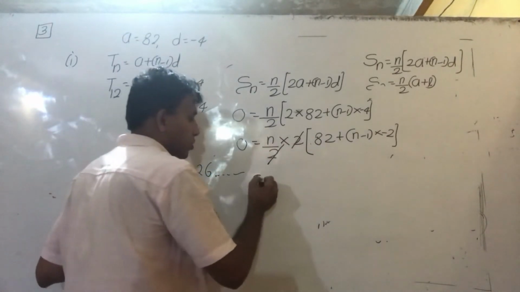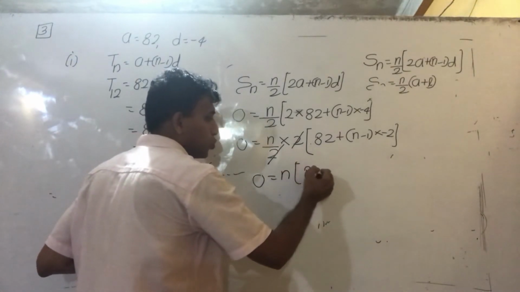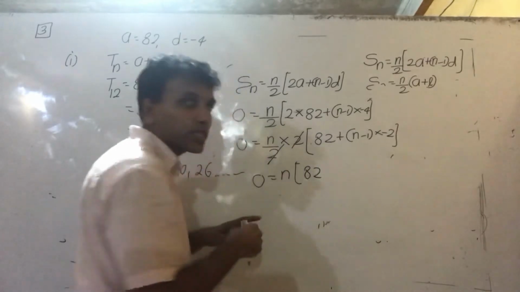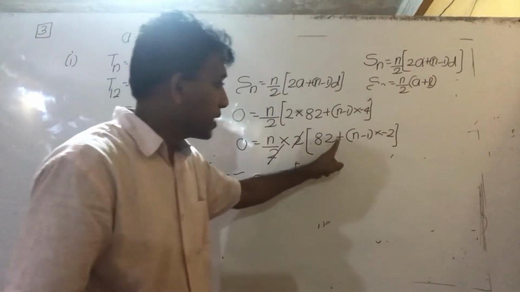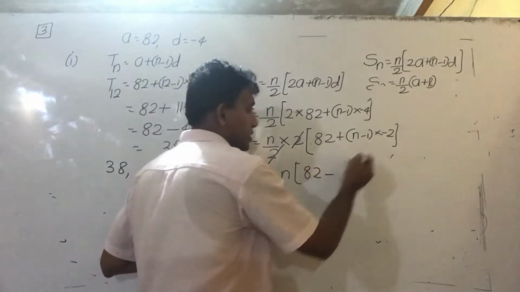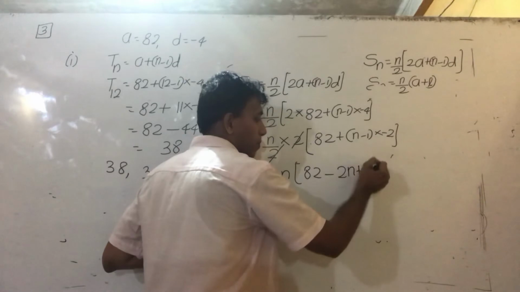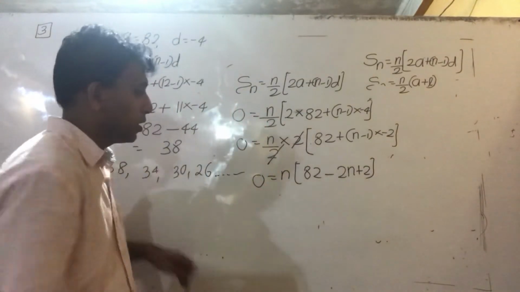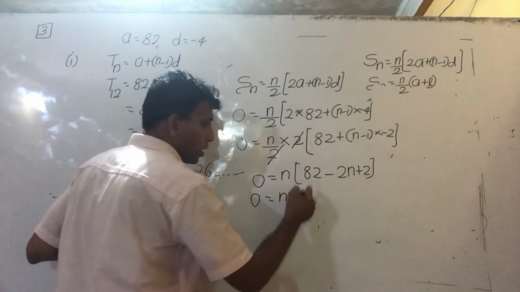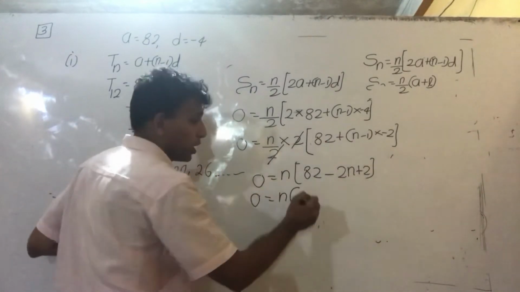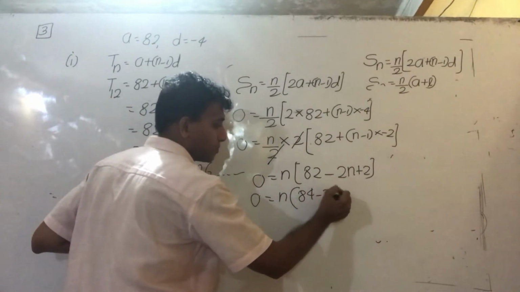So 0 equals n into 82, multiplied by minus 2, plus minus 2 times n, 2n plus 2, plus 2. So 0 equals n into 82 plus 2, 84 minus 2n.